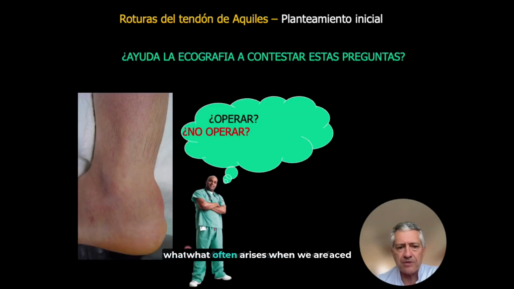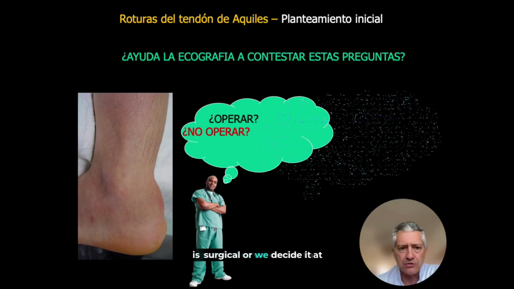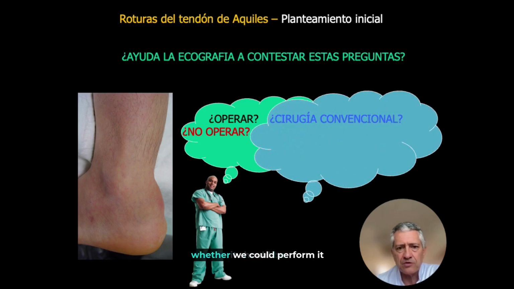In any case, what often arises when we are faced with an Achilles rupture is firstly whether the case is surgical or non-surgical, and if we decide it should be surgical, whether we could perform it with conventional surgery, minimally invasive surgery, or percutaneous surgery.